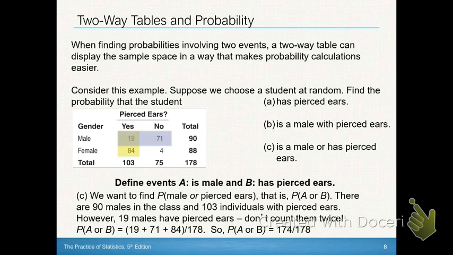We don't want to count them twice. So this is an example of a probability question where the two events are not mutually exclusive. They're not disjoint. In other words, they are overlapping.